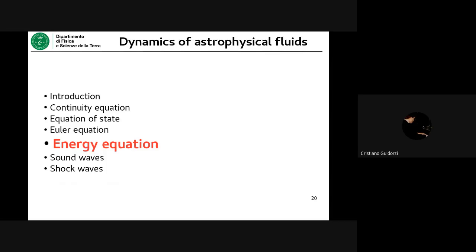So, moving on. Let's recap what we've done so far. We went through the continuity equation, so conservation of mass. And today, what we've seen is the Euler equation. So the second law of thermodynamics applied to the fluid element, which turns into conservation of linear momentum.